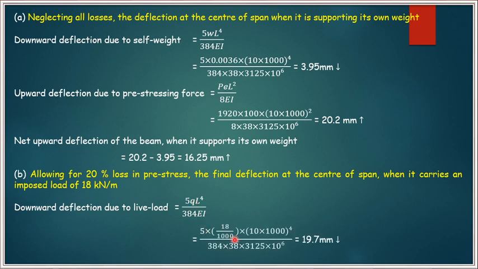Substituting the values, Q is given 18 kilonewton per meter. Converting that 18 kilonewton per meter in terms of kilonewton per mm, divided by 1000. So now the downward deflection due to live load only will be 19.7 mm in downward direction.